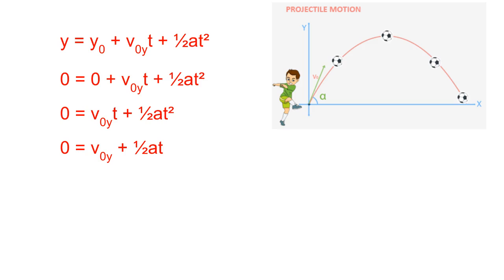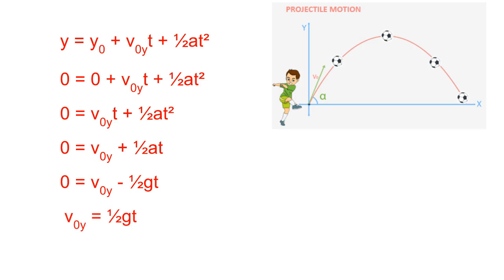We can factor out the t, or one of the t's, and get rid of that pesky square. That makes our life easier. And we can also replace acceleration with the negative value of gravity, 9.8 meters per second squared. And it's negative because it's going opposite of the initial velocity.